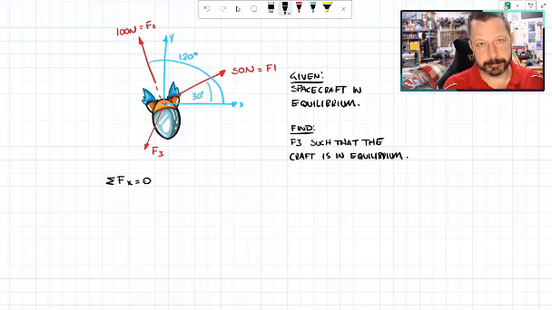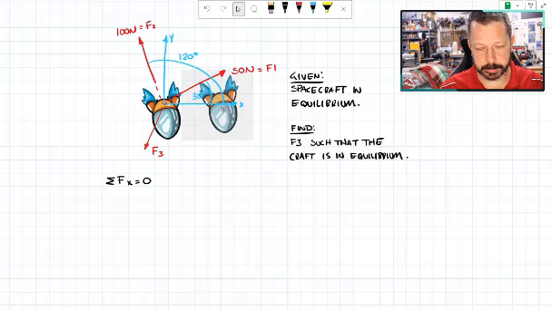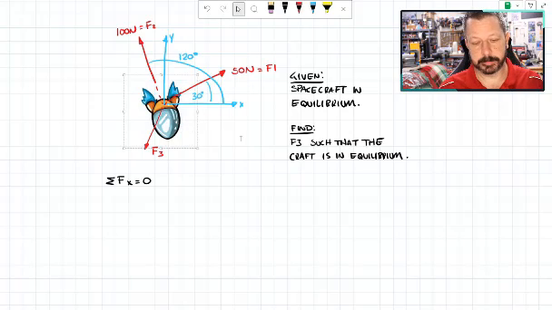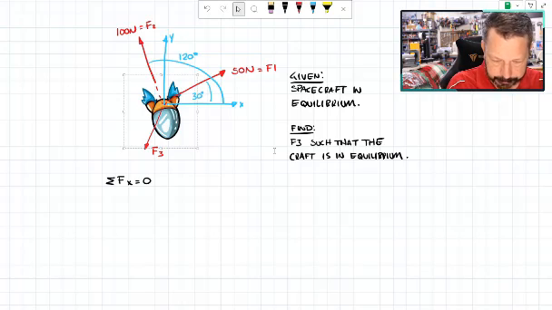They have to add to 0. If they don't add to 0, that means my spacecraft is moving in the x direction somewhere, and it's not doing that, so they have to add to 0. So let's look at F1.